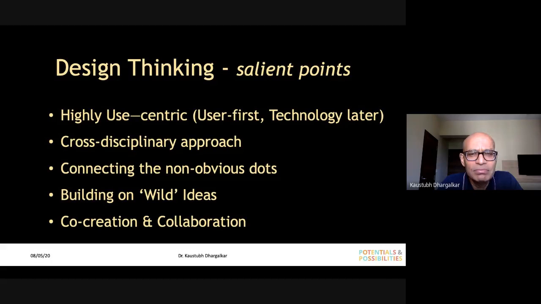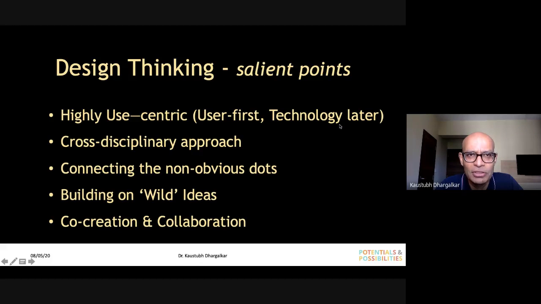So that's broadly the agenda. Some of you who have attended my sessions on design thinking, I will quickly summarize it in one slide, and then we will get on to what I think is coming, and then we'll have a Q&A. Design thinking, salient points: it is a highly user-centric problem-solving approach, which believes in user first, technology later.